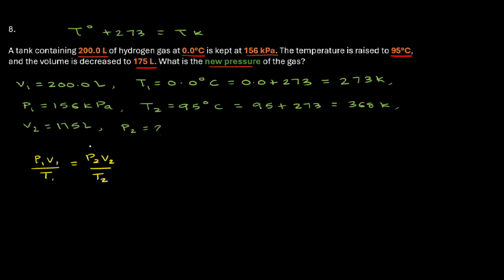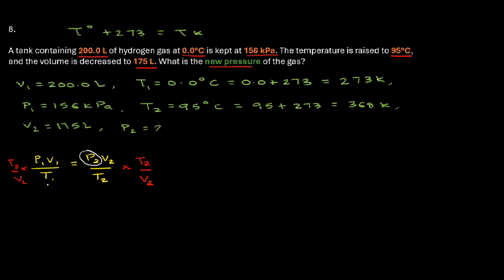Now I need to find what is pressure P2. If you want to find P2, you need to get rid of the volume and temperature values here. So to get rid of this term, I will multiply with T2 on both sides and divide with the volume V2.